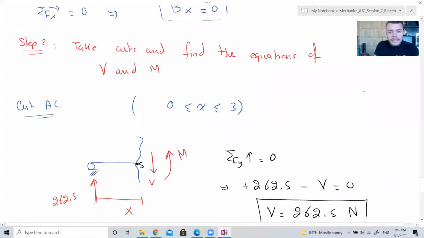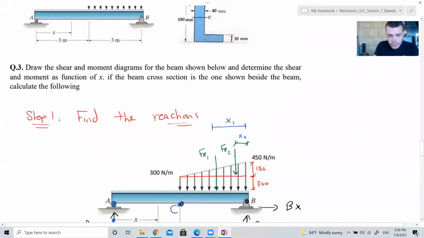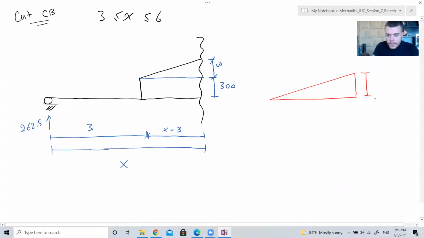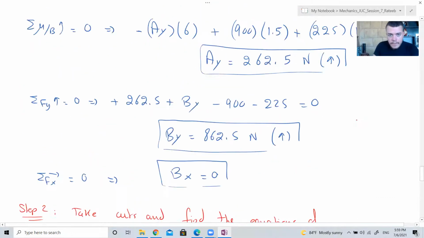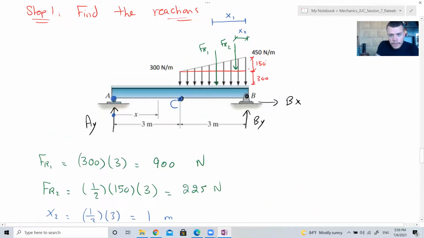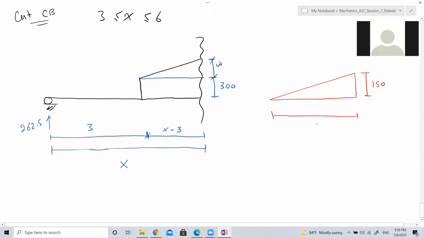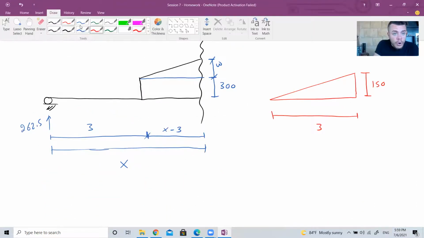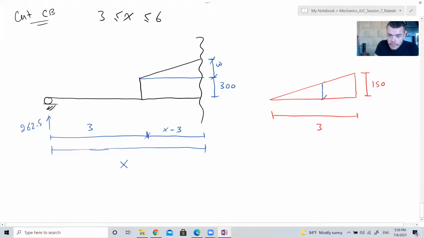You need to look at this triangle, guys. See this one? This here is 150. The whole of this, from here to here, is 3. So this is 3. We're cutting here. This is W at a distance of X. How do you find W as a function of X?